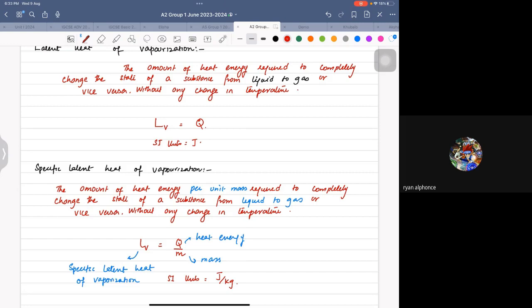So now all these definitions have a very important, I'd say, impact on how you perceive the questions. I'll show you that in a bit.